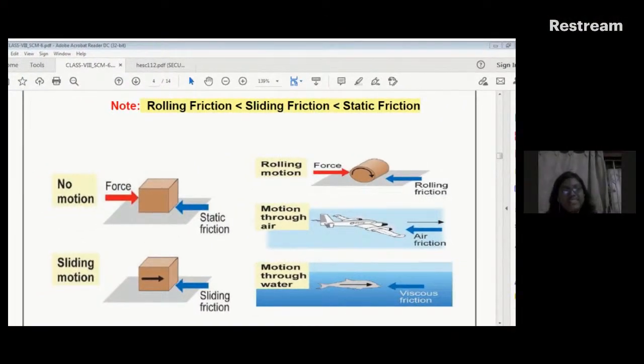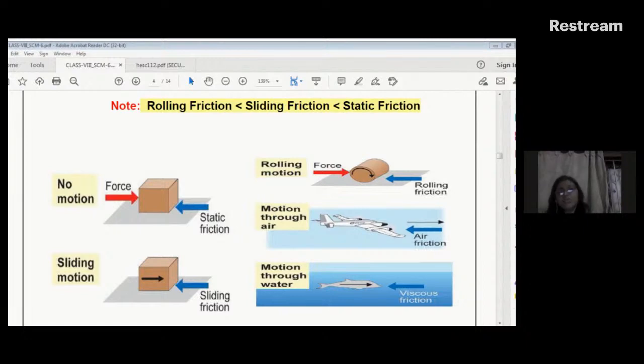So here comes the static friction. Next, you can see the rolling motion, the force is going, and from the opposite side comes the rolling friction. In the next picture, you can see that motion through air is there and air friction comes. Next, motion through water is there, and viscous friction comes.